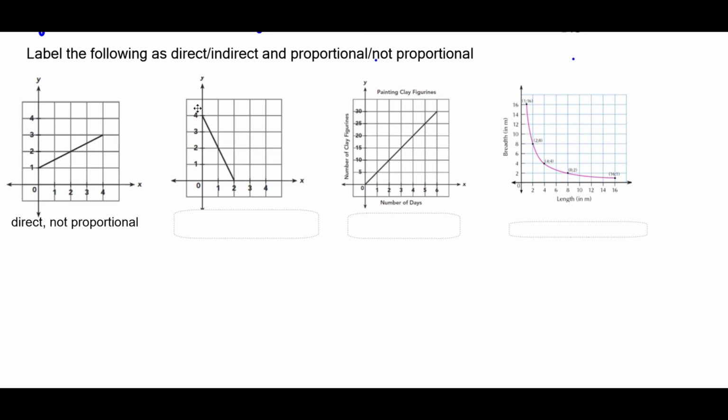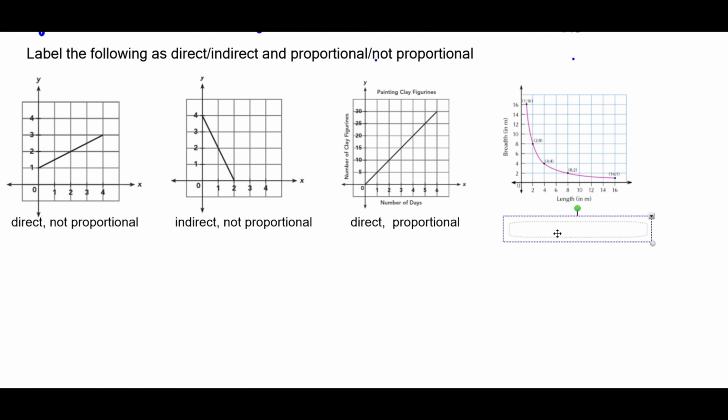Looking at my second graph, I have a negative slope, so that's indirect, and it is not a hyperbola, so it is not proportional. My third graph has a positive slope, so it is direct, and it goes through the origin, so it is proportional. Lastly, I have an indirect or a negative relationship here, and it is a nice hyperbola, so it is proportional.